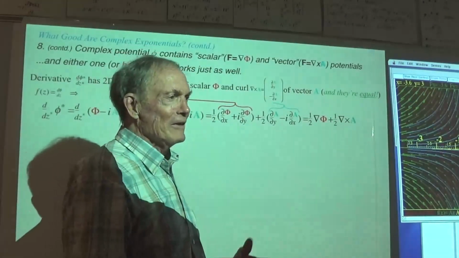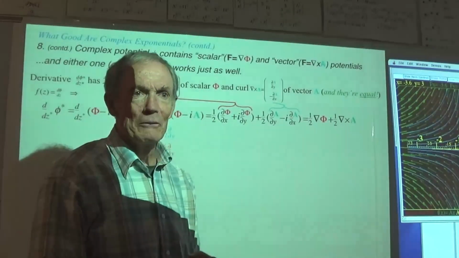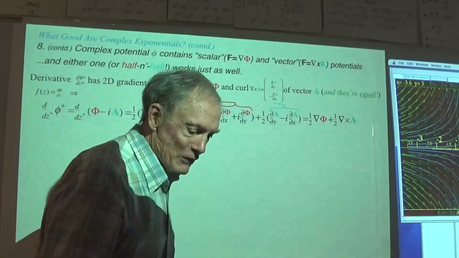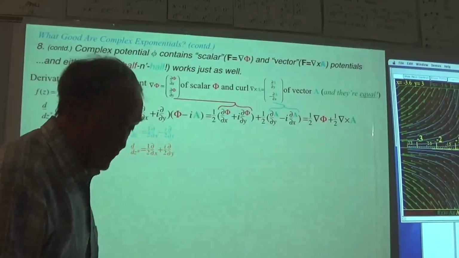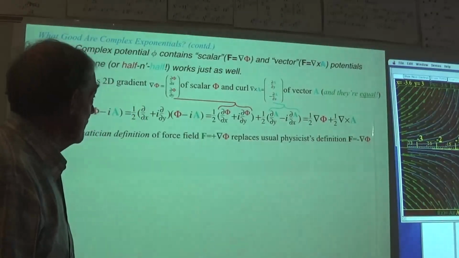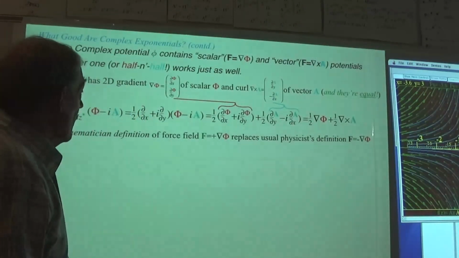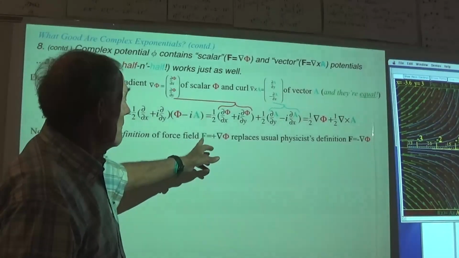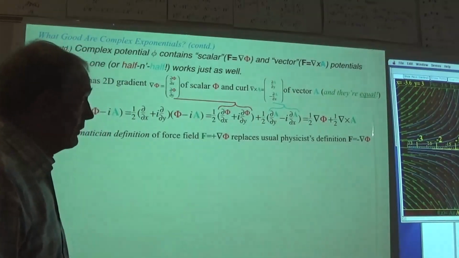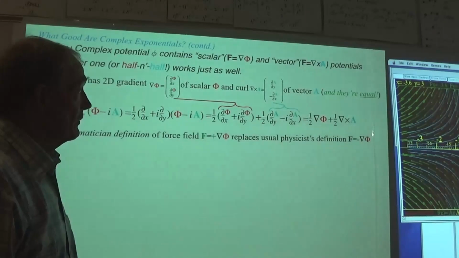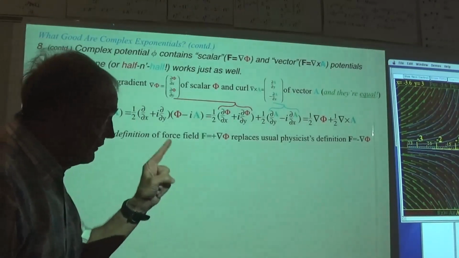That's something you really need to take advantage of as we do this sort of functional analysis, okay? Now, I note again that this force field using the scalar potential replaces the physicist's usual minus definition.